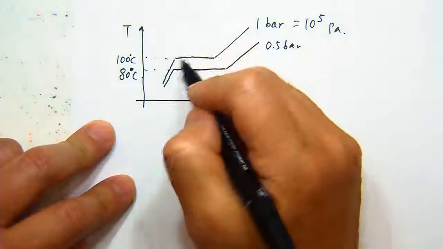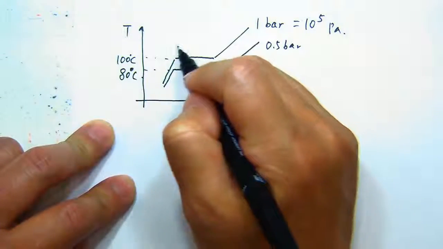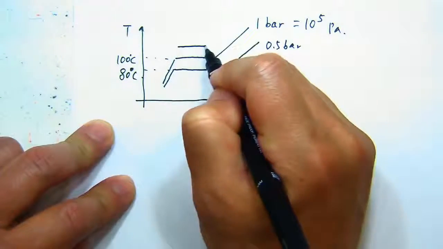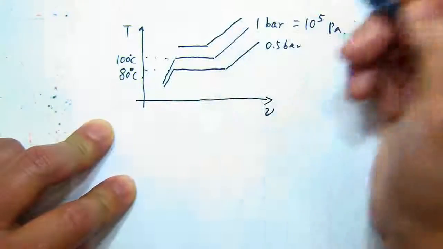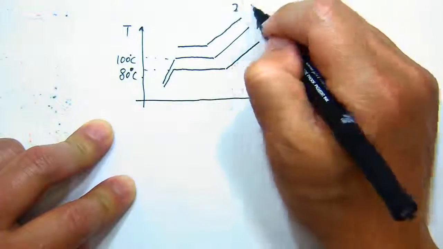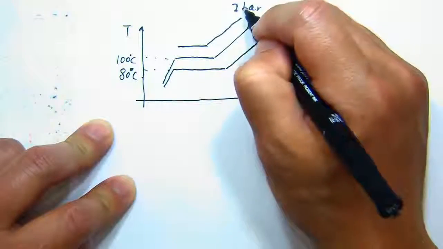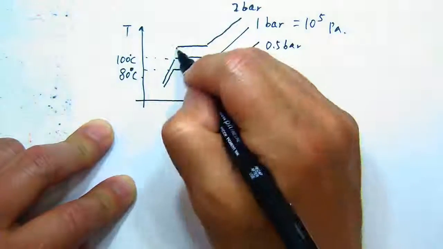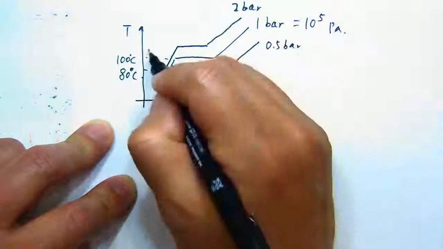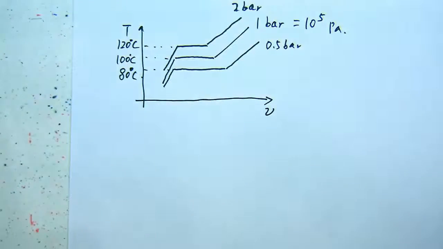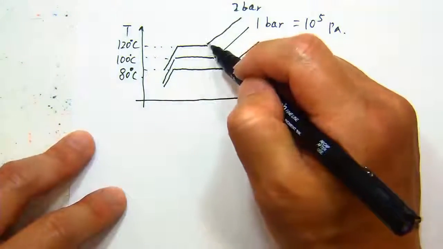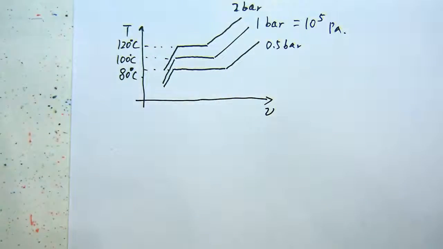So that's lower pressure. If we go higher pressure, this line will move up, and for example, if I go 2 bar, the boiling point will go to about 120 degrees C. So when you go high pressure, this phase change or this horizontal section will become shorter and shorter.